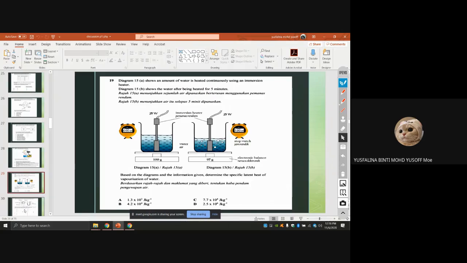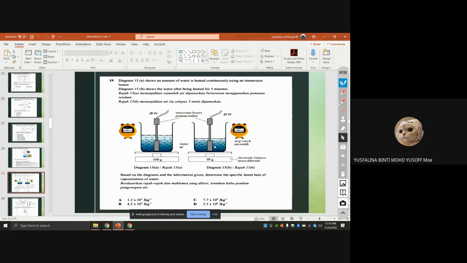Alright, number 19. Diagram 15A shows an amount of water heated continuously using an immersion heater. Diagram 15B shows the water after being heated for 5 minutes. Based on the diagram and the information given, determine the specific latent heat of vaporization of water.